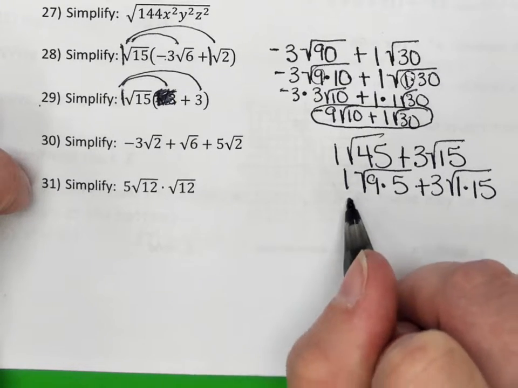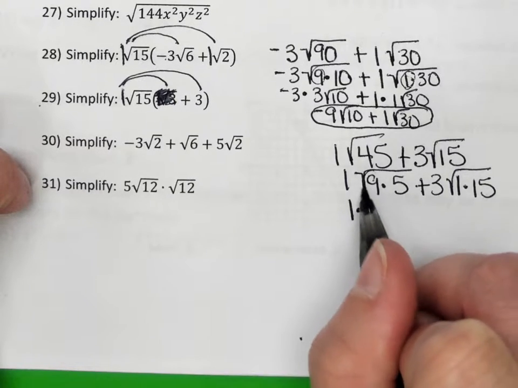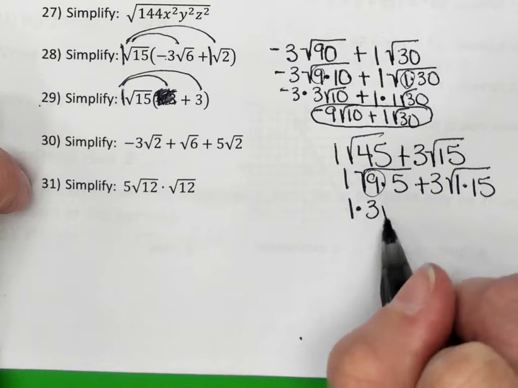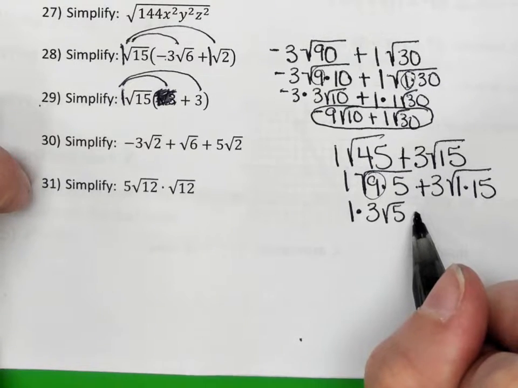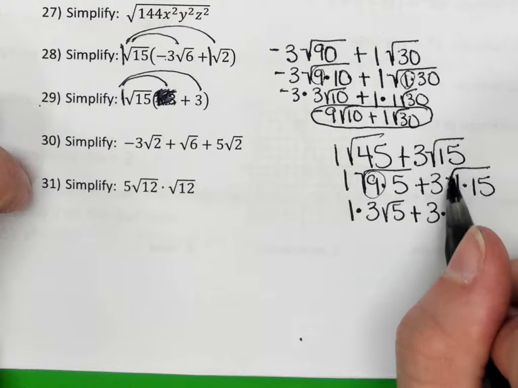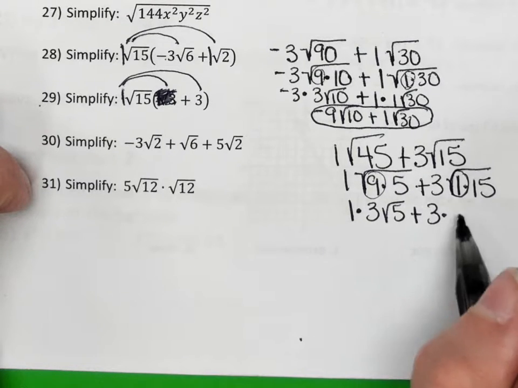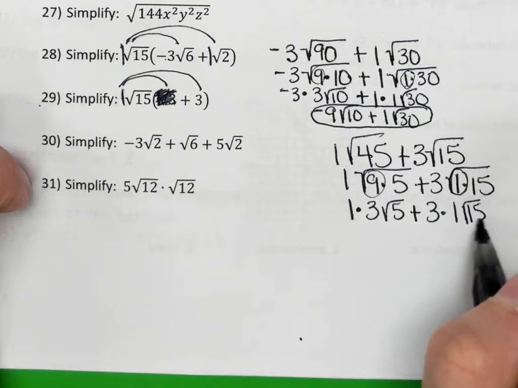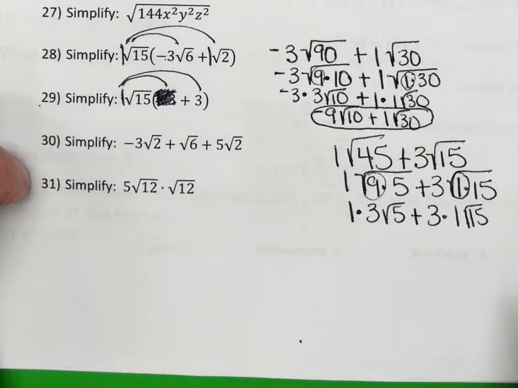All right, bring the 1 down. What's the square root of 9? 3. Bring your 3 down. What's the square root of 1? 1. Yeah, there's really not. Some people just need to see it. If you see it already, don't worry about it.